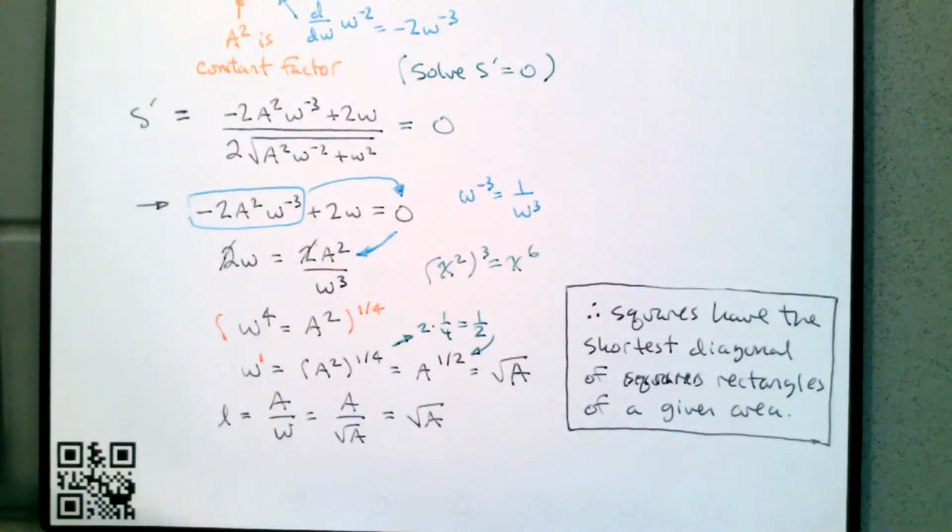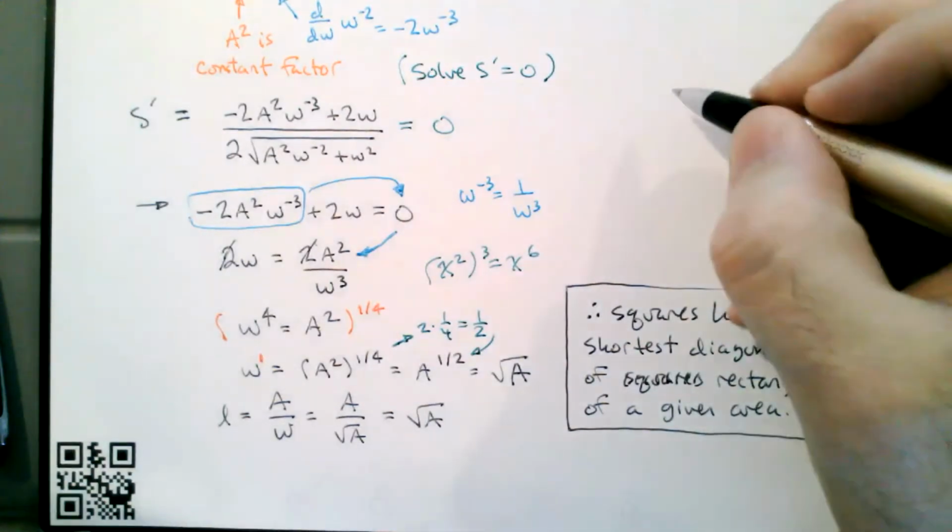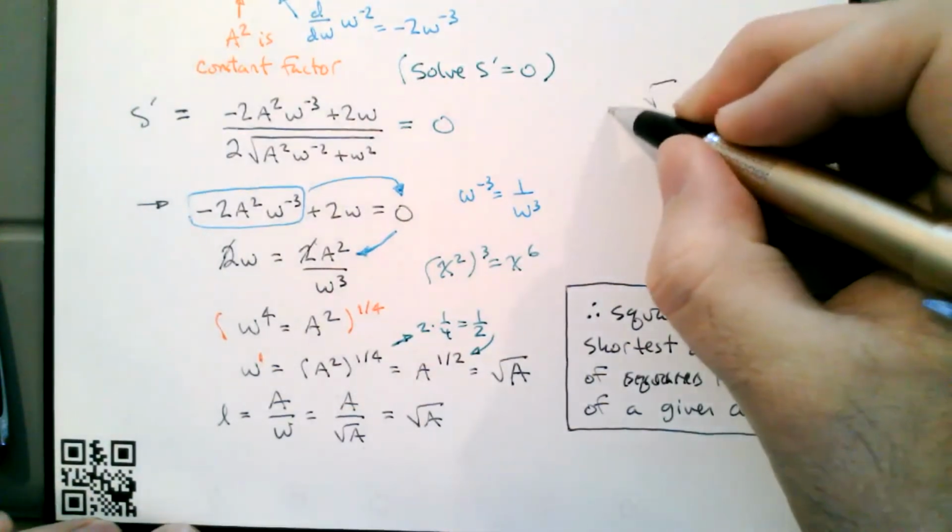Professor? It doesn't click in my head how a over square root of a is equal to square root of a. Square root of 9 is 3. 9 divided by 3 is 3. Always just drop in numbers. A is the square root of a squared. We could also think of it that way.